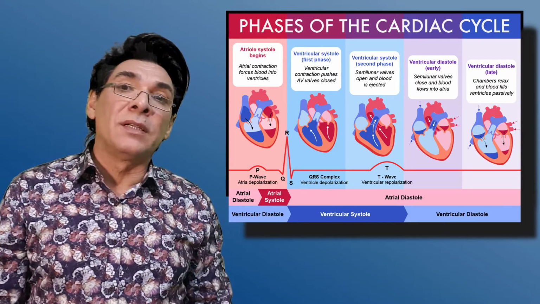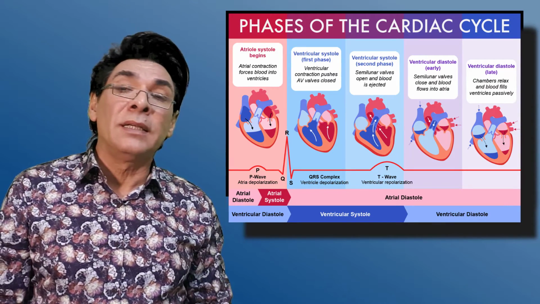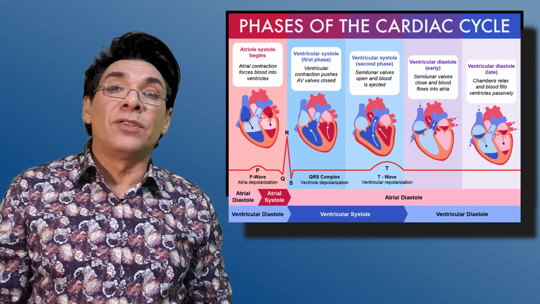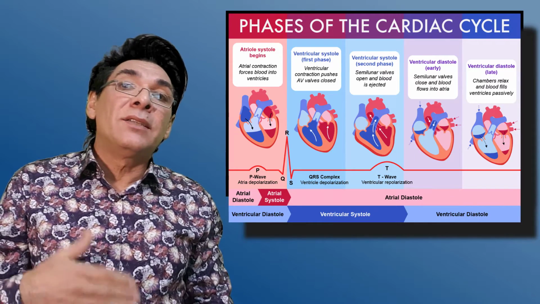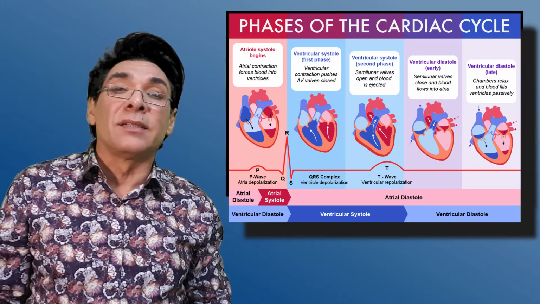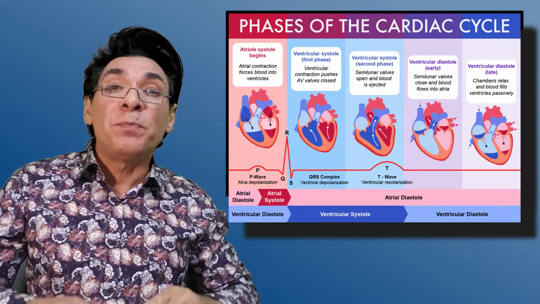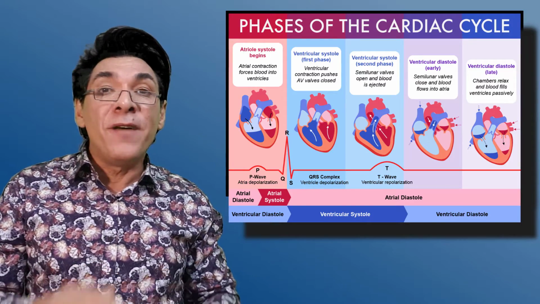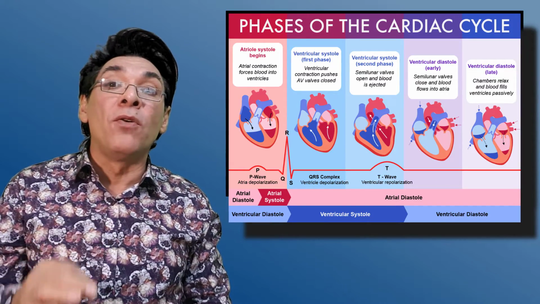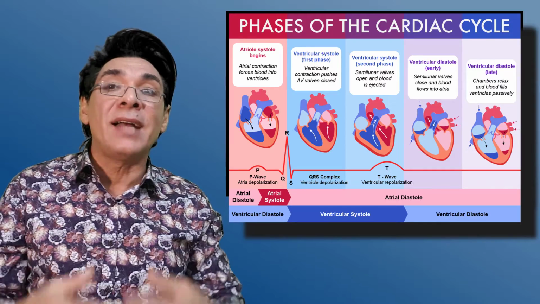In the second phase of ventricular diastole, called late ventricular diastole, as the ventricular muscle relaxes, pressure on the blood within the ventricles drops even further. Eventually, it drops below the pressure in the atria.